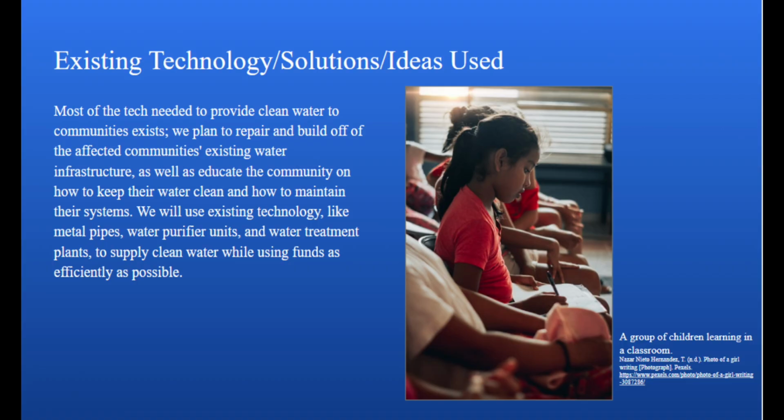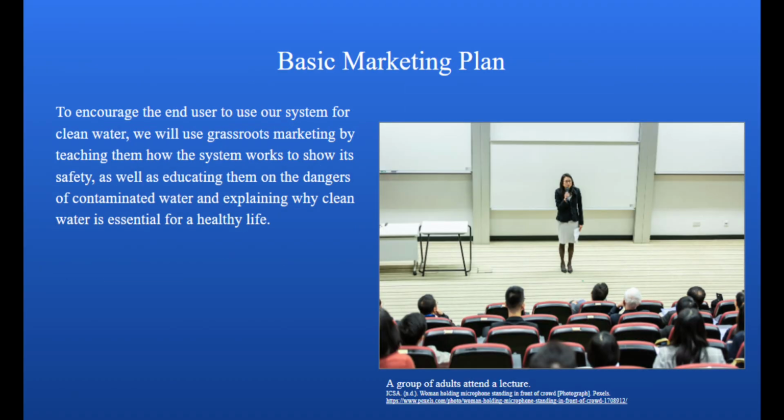So this design uses existing technology, like standard metal pipes and purifying units and basic electronic sensors. Because we're upgrading and repairing what already exists, the system is more affordable and is easier to implement in many different communities. So to encourage people to actually use this system, our marketing plan focuses on grassroots education.